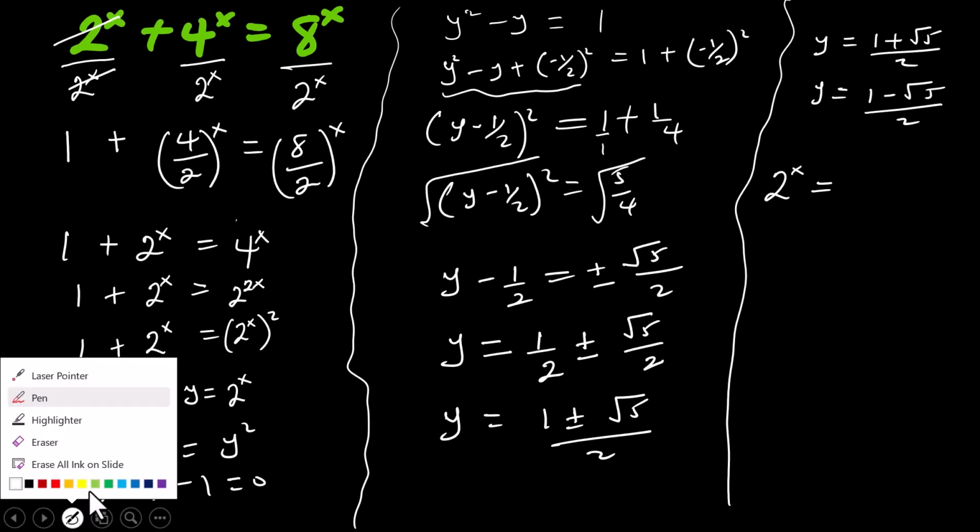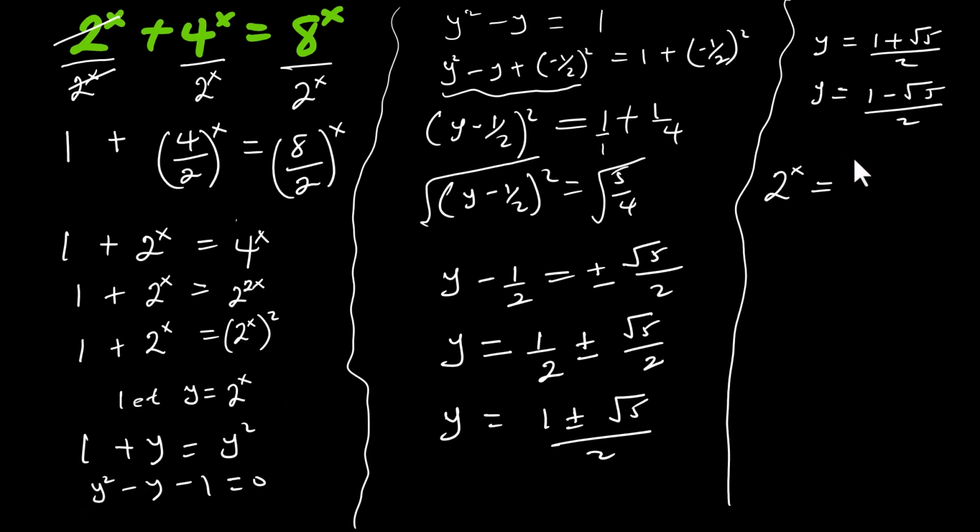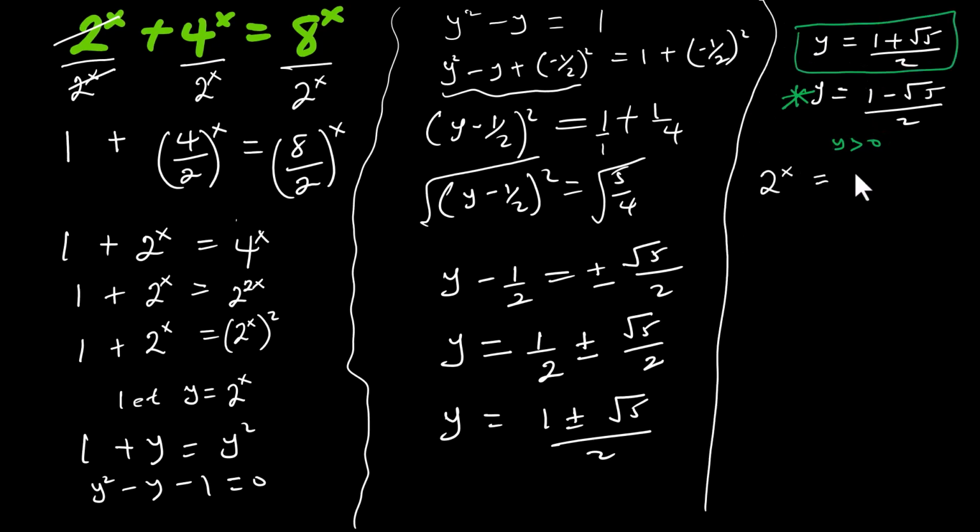In solving an exponential equation like this, you can't equate it to a negative number. It means y must be greater than 0, so the negative one is not possible and we can focus only on the positive one.